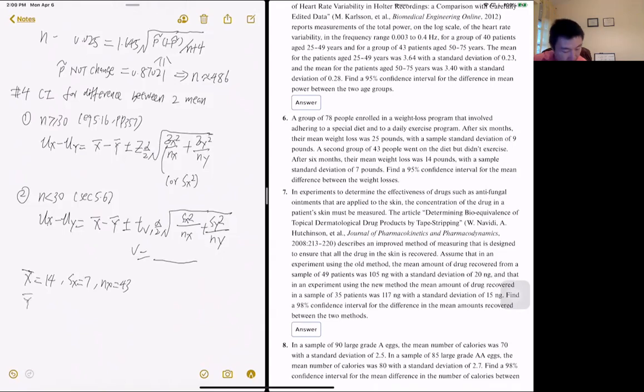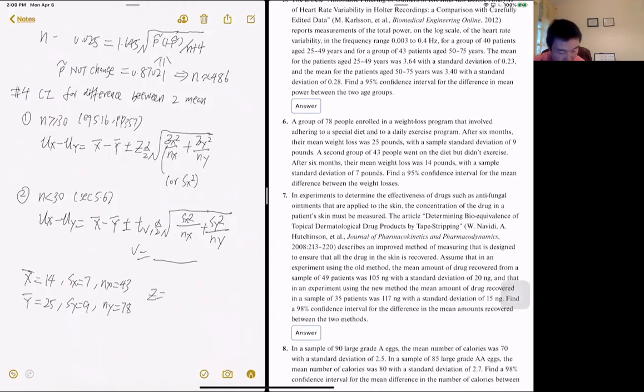For the other mean value, diet plus exercise, the average loss is 25 pounds, standard deviation 9 pounds, and sample size ny is 76. Okay, the z value, z half alpha, is 1.96. So again, for the z value, we use table 8.2.